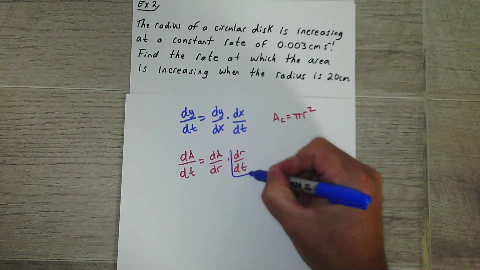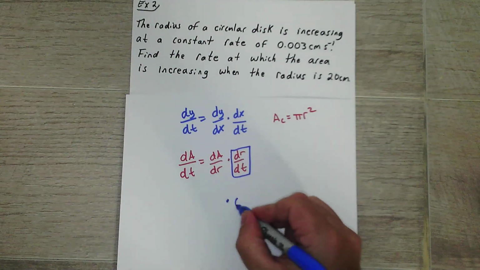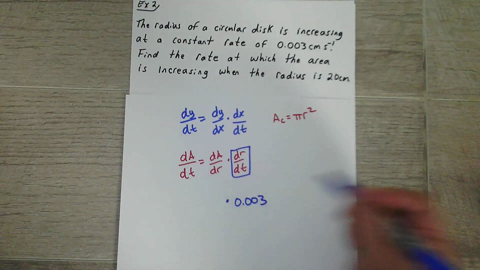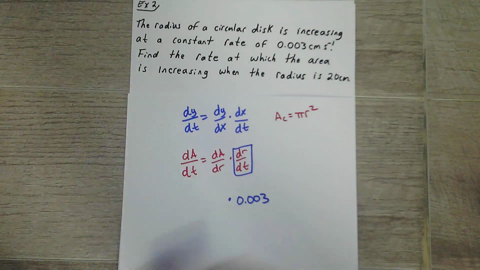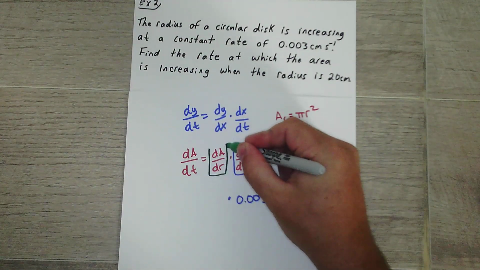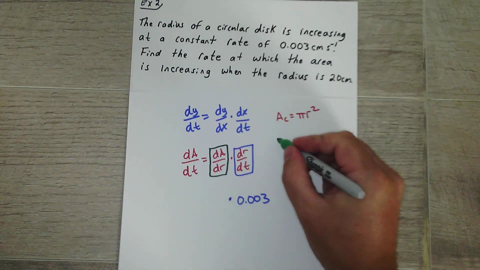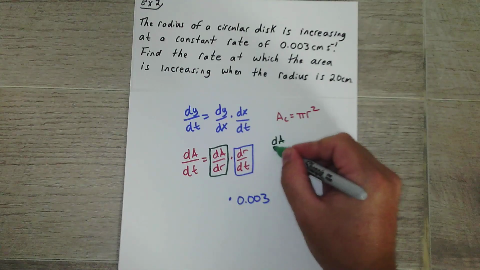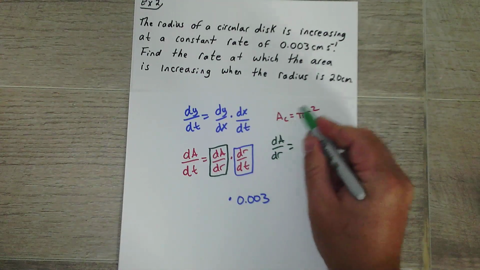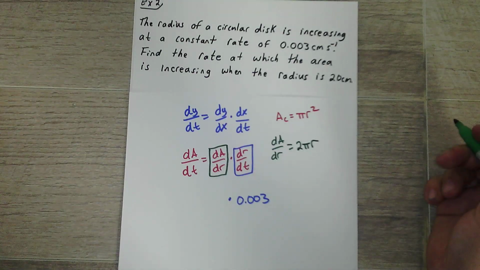So that is going to be 0.003. Okay. So what about this dA/dr? It's the derivative of A with respect to r. Well, here's A, so it means we need to find dA/dr. So take the derivative of this, bring the 2 down, we get 2 pi r.